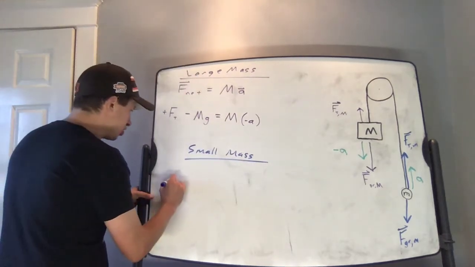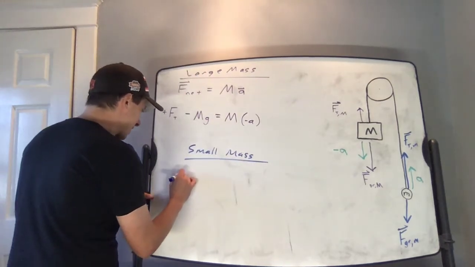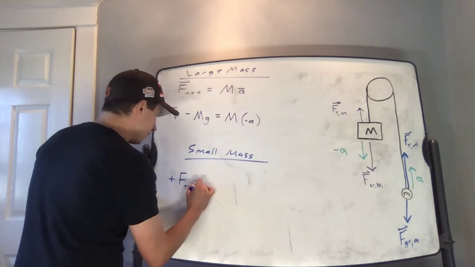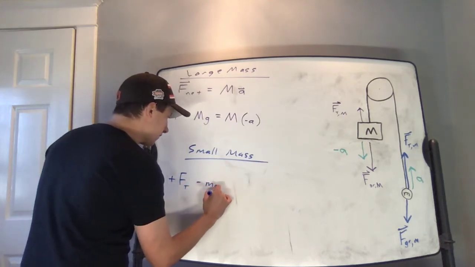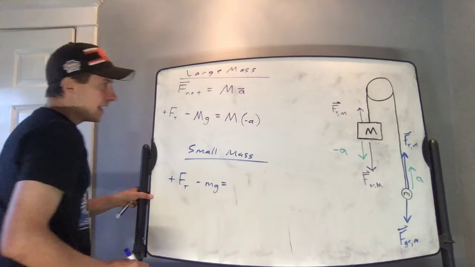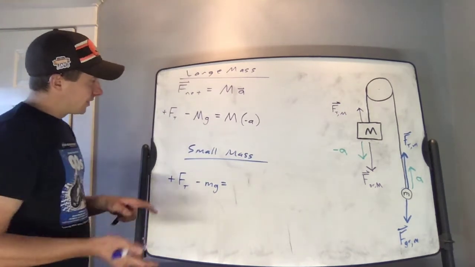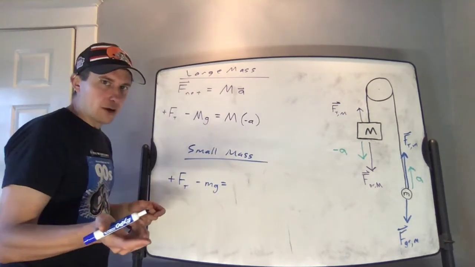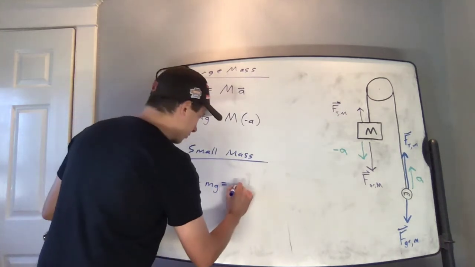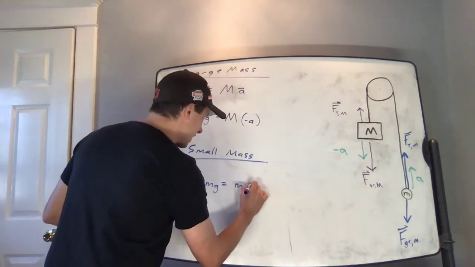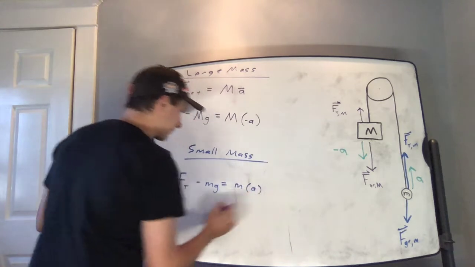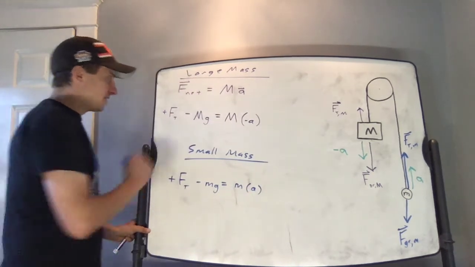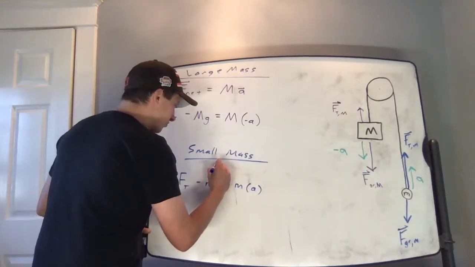So I could say tension is up, I get plus F tension minus little mg for the small mass, and equal to, now in this case we are talking about a small mass, so that would be little m times positive A.